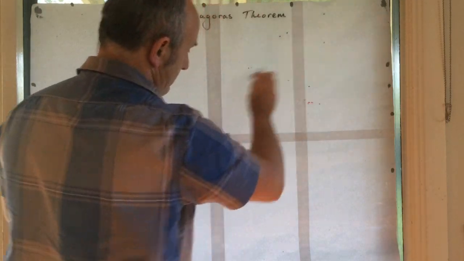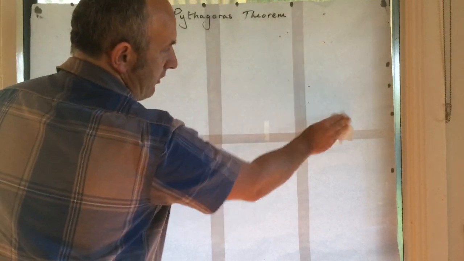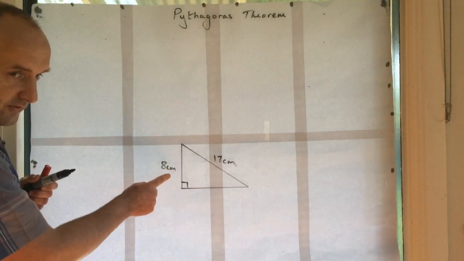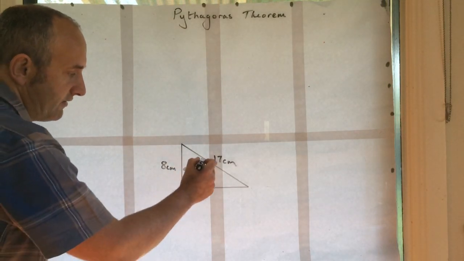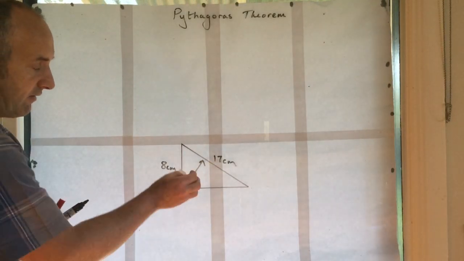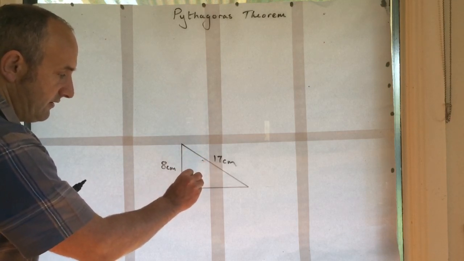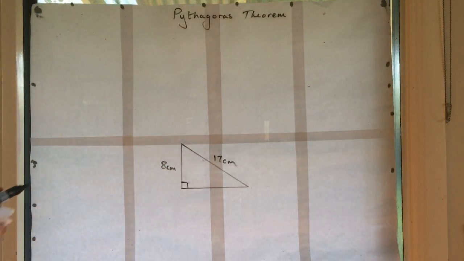So, what we've got here on this one is, I know the shorter side, I know the longer side, and I know that's the longer side because it's directly opposite the right angle. So this one's a bit unusual. I know my shorter side and I know my longer side. I just don't know what the medium side is.